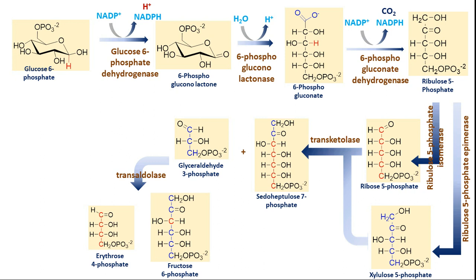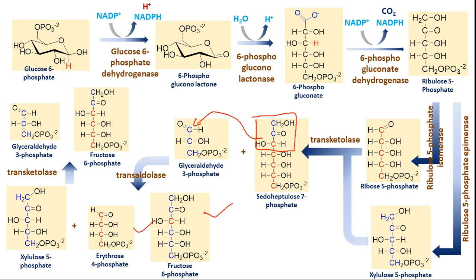So here what is happening? So 3 units from this are separated and going onto glyceraldehyde 3-phosphate, so that you are getting this and erythrose 4-phosphate.